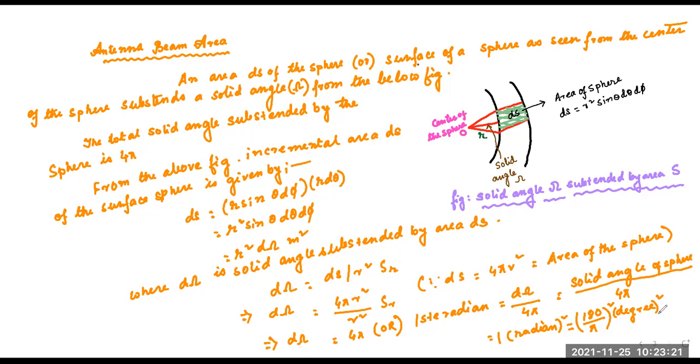So that gives the value of 3282.79 degree square. This expression is very much important, so please note it down.